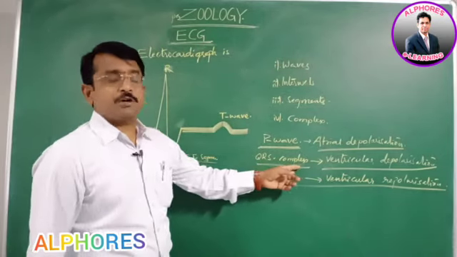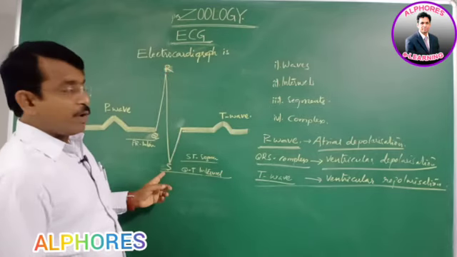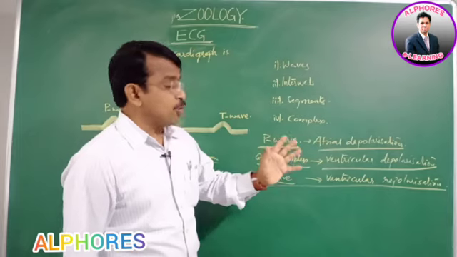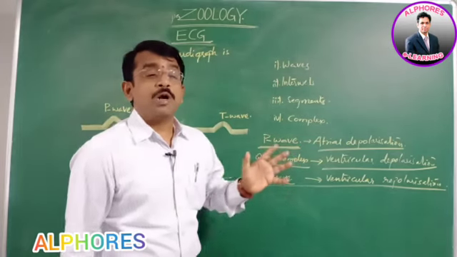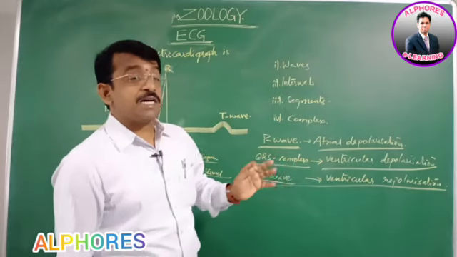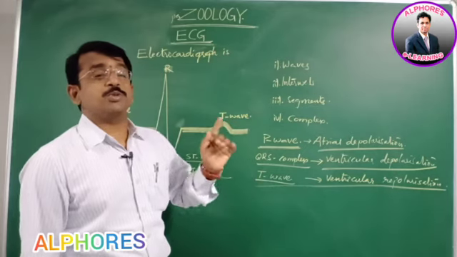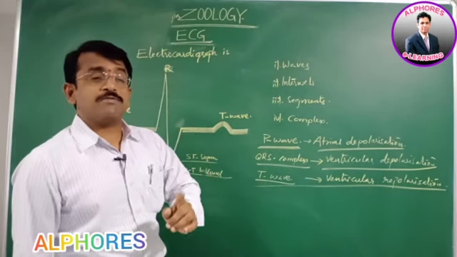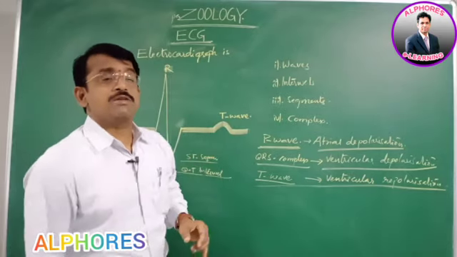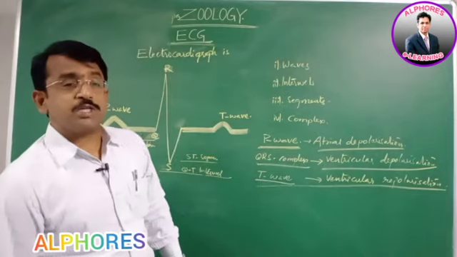The QRS complex is the combination of the Q wave, R wave and S wave. It indicates ventricular depolarization, meaning ventricular contraction, meaning it indicates the conduction of the action potential from SAN to AVN, AVN to bundle of His into Purkinje fibers to the walls of the ventricle. That is the QRS complex, ventricular depolarization.